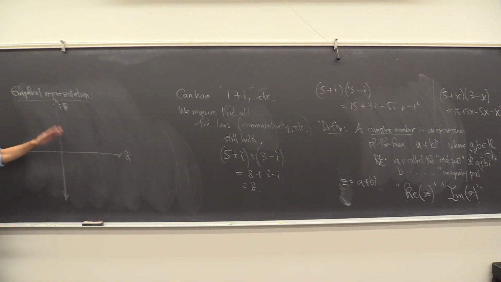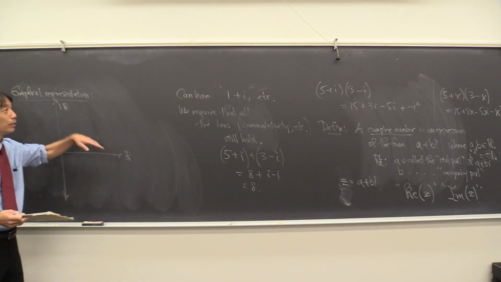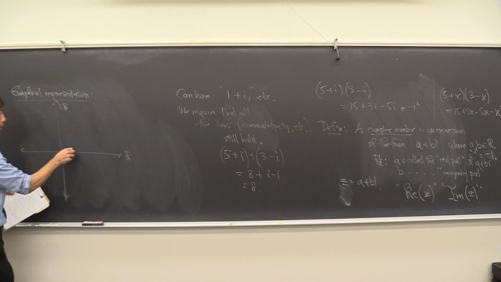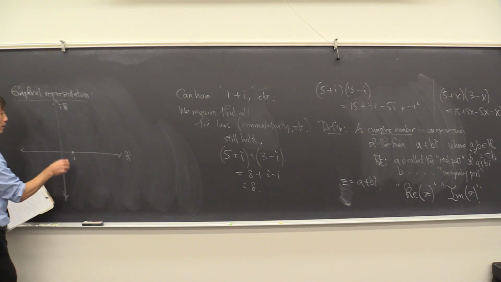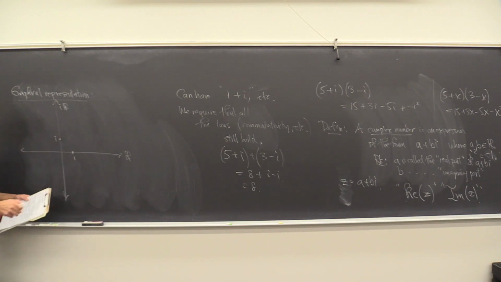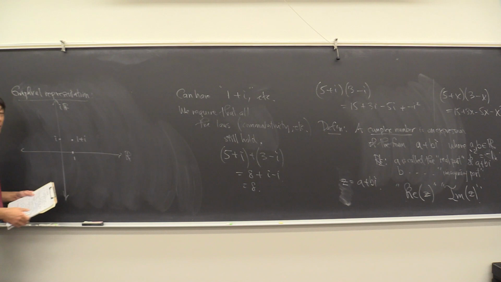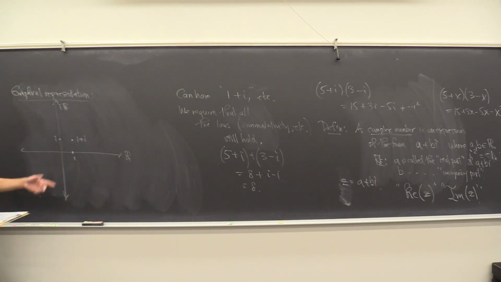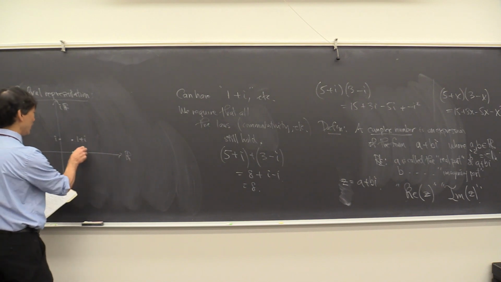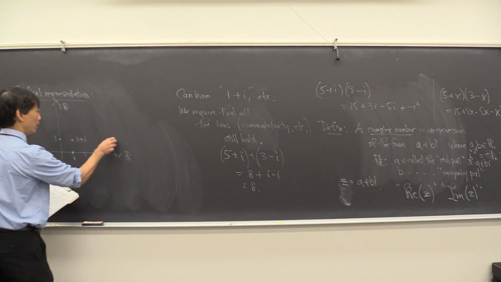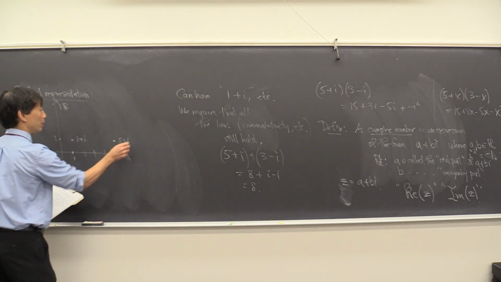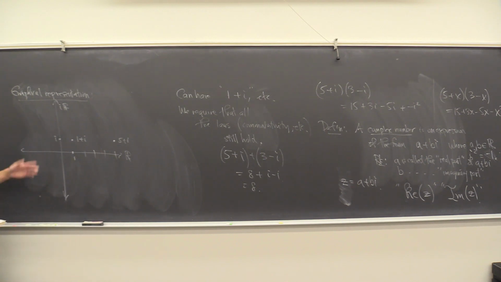And then you just say, if I want 1, so 1 is here, and then this is i, right? And so 1 plus i is this guy here. If I wanted 5 plus i, that would be over here, et cetera, et cetera.